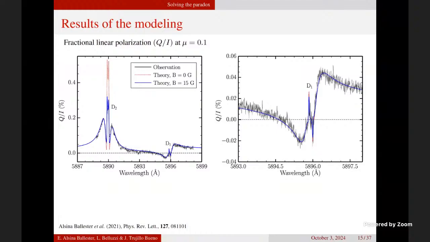This, in fact, was with a quite simplified atmospheric model. I see. However, there is a caveat that there are still many observations that we still need to explain. And for this, we will have to go to more sophisticated models, accounting for velocities. So if I assume that the QED, the radiation matter theory is correct, what I learn from these polarization studies is about the atmosphere of the sun.